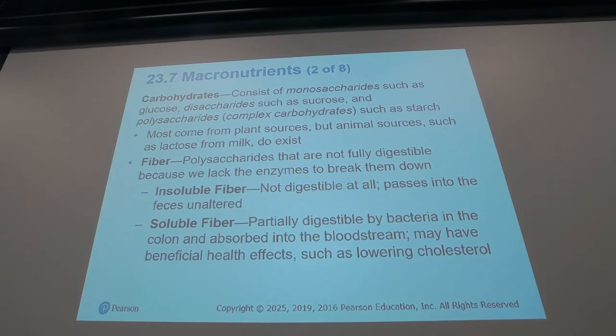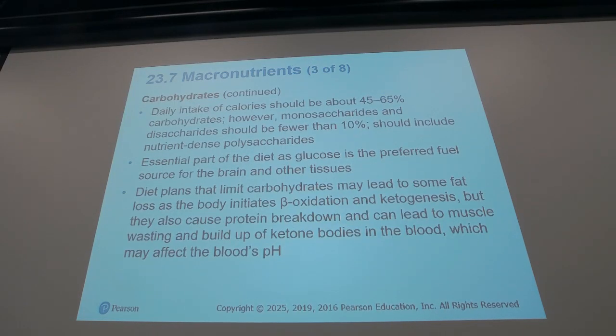Fibers usually come in plants, and they can be insoluble, like the ones that are not digestible at all, or they can be partially digestible by bacteria in the colon, and these are called soluble fibers. These soluble fibers help to lower cholesterol. So it is important then, as part of our diet, to ingest plants because they provide us with fiber, which has these good properties.